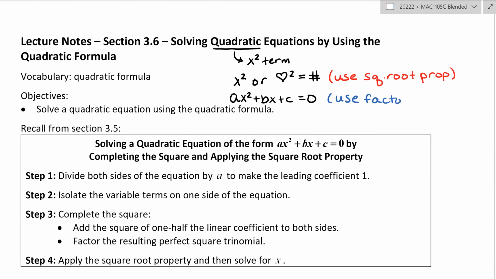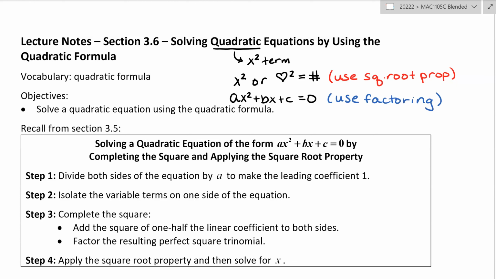But what we've seen, especially when we were using the square root property, was that sometimes your answers are not necessarily rational numbers. They might still have a square root in them, which means that sometimes your quadratic can't be factored using the tools that we've learned, right? The trig factoring, the AC method.